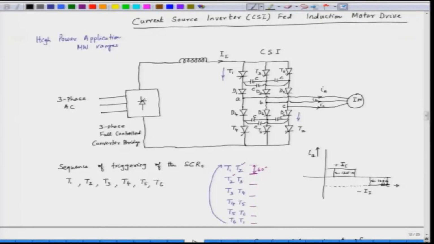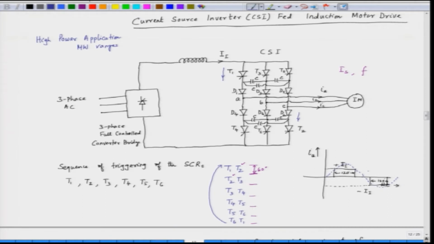Now, in this case, since we have an inverter, we can vary the output current and we can vary the output fundamental frequency. If we see the fundamental current, it would be the fundamental component of this, which we can find out by Fourier series method.